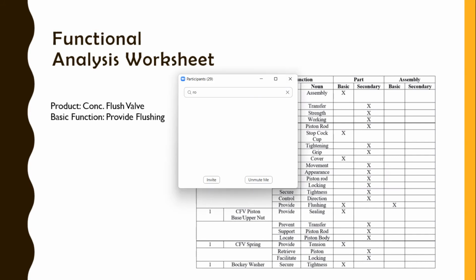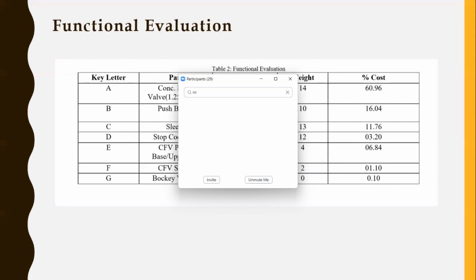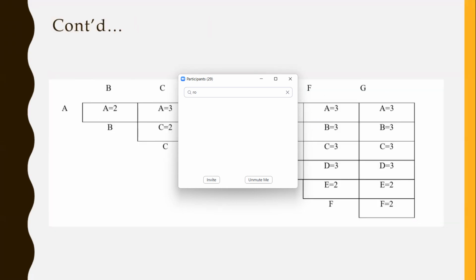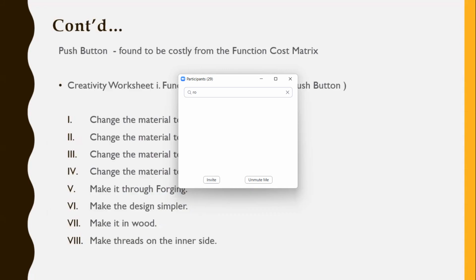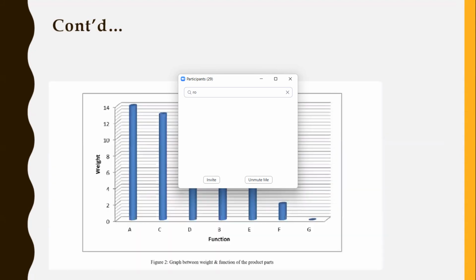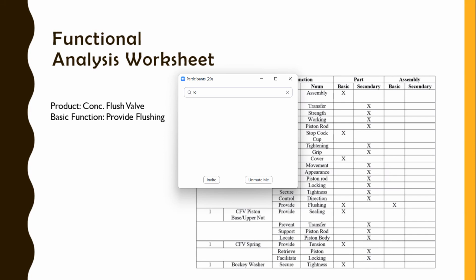So out of the secondary functions, you can see 16% is going to the push button, right? So the analysis is going to be for the push button, whether we can do something with that. Costly from the function cost matrix. So a creativity worksheet is prepared. The function is the stop cock cup. You can get it from the push button, right?